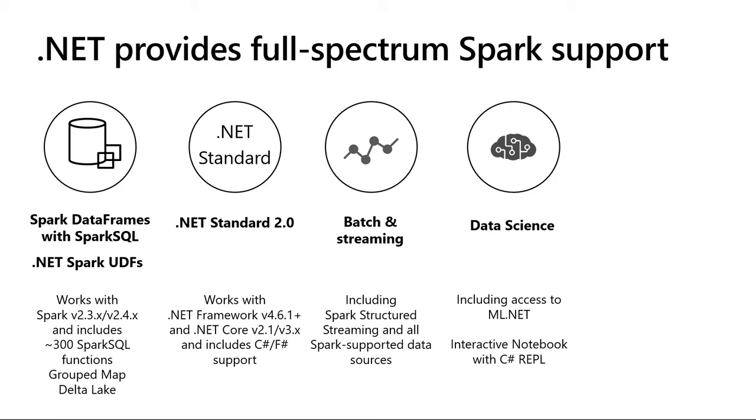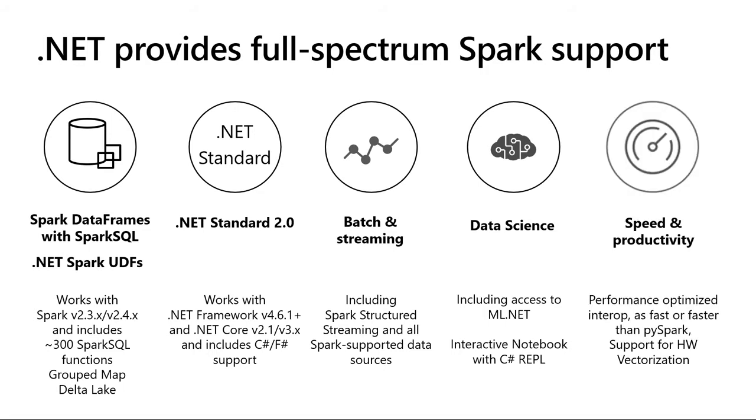And we give you kind of data science access, so we integrate with ML.NET, and we give you an interactive notebook experience with a C# REPL experience. And that's actually part of the demos that I will be showing you in a bit. And finally, we have done a lot of work to improve performance. So we did a lot of work using Arrow as the interchange format to make data transfer between the JVM and the .NET side faster.